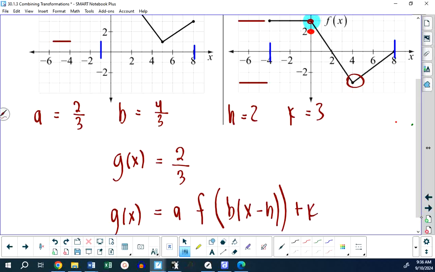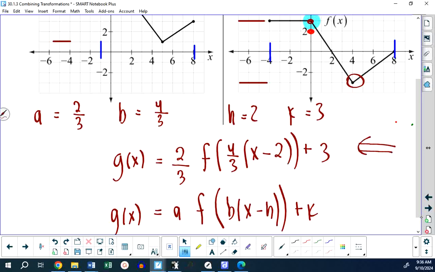I'm putting all of the parameters in here. So g of x is 2/3 f of 4/3. We don't put 3/4 here. We put the parameter. The stretch is not b. Bracket x minus h bracket plus k. This is the answer to the question.